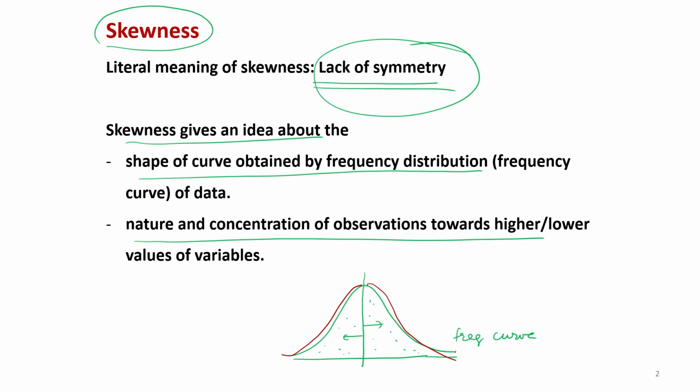So this is what we mean by the concept of symmetry in the context of this data. Now if there is a lack of symmetry, the data can deviate either on the left hand side or right hand side of this line to have more or less concentration.